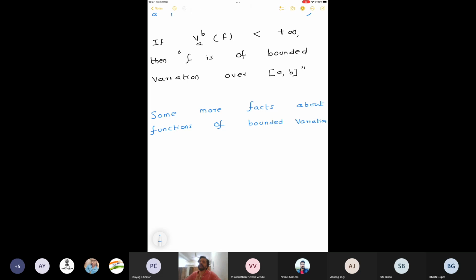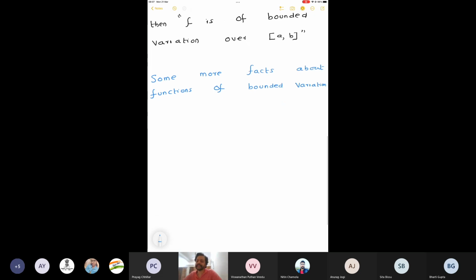We are doing all these things to prepare ourselves for the fundamental theorem of calculus in the Lebesgue integration theory. Let us consider a function f from AB to R, or to be more general, AB to K, where K is R or C, of bounded variation.